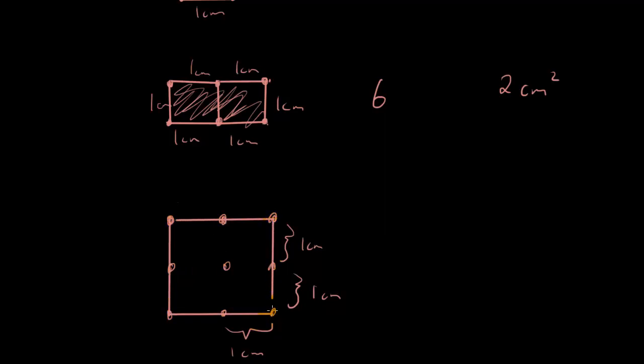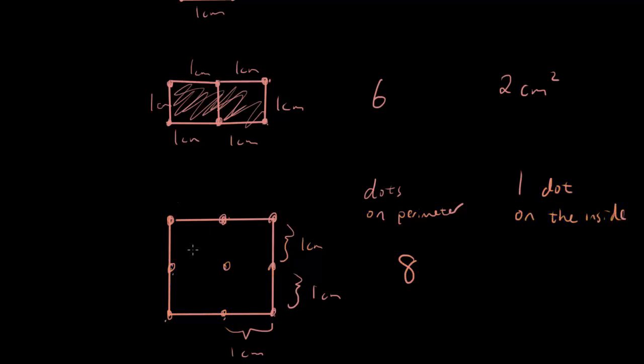Okay, so what do I have? How many dots are on the perimeter? I have 1, 2, 3, 4, 5, 6, 7, 8. Only 8. And I have 1 dot on the inside.